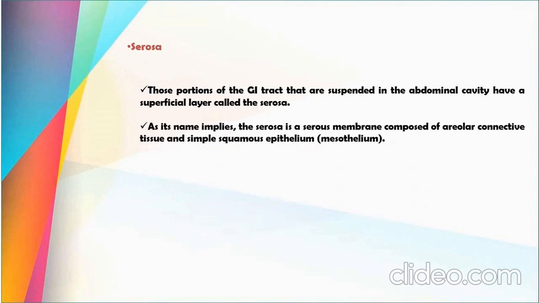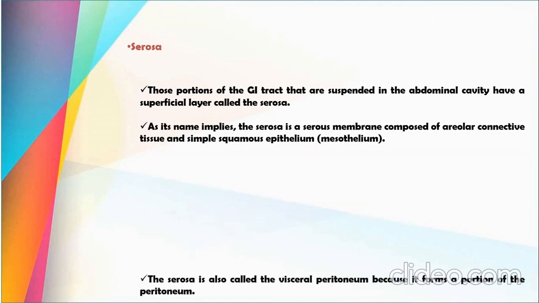Next one is the serosa. Those portions of the gastrointestinal tract that are suspended in the abdominal cavity have a superficial layer which is called the serosa. As its name implies, the serosa is a serous membrane composed of areolar connective tissue and simple squamous epithelium, which is a mesothelium.